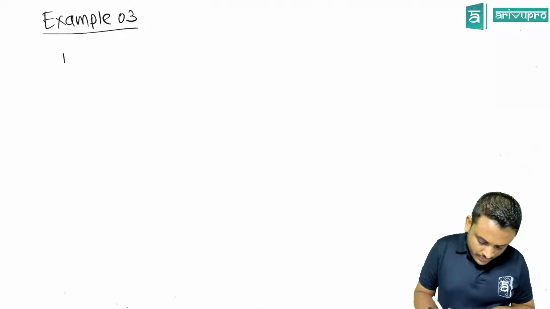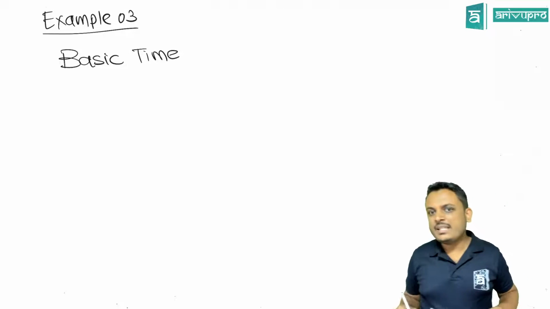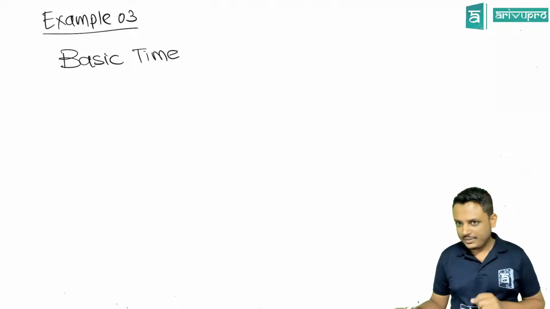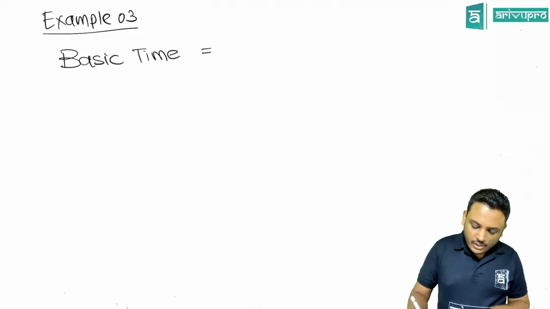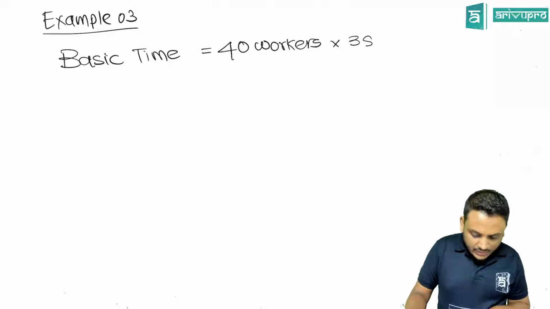First, we'll find out the basic time. What is basic time? The basic hours he worked. So basic, how many total hours? How many workers? 40 workers. How many hours did they work? 38 hours per week.